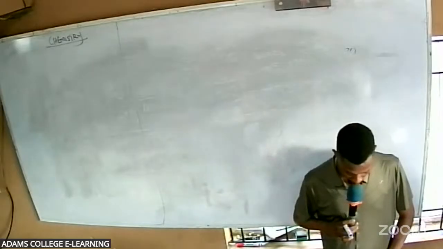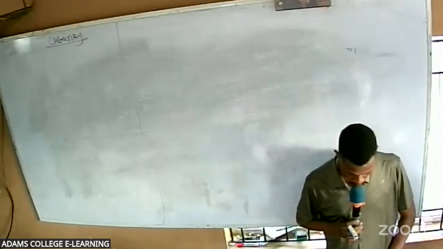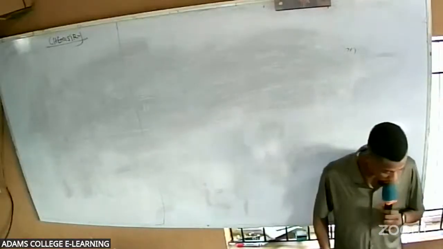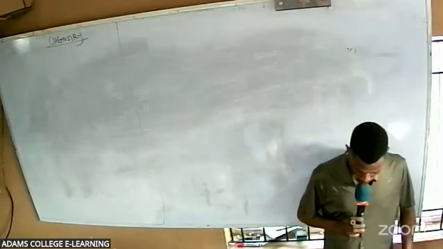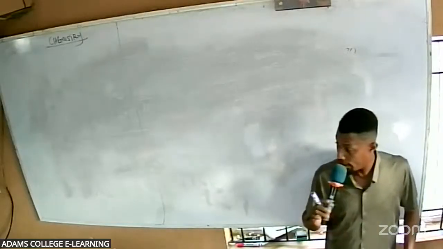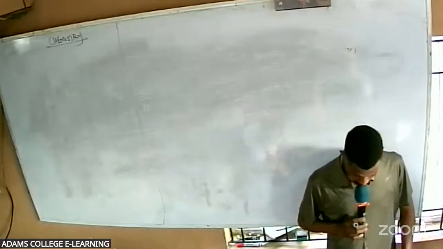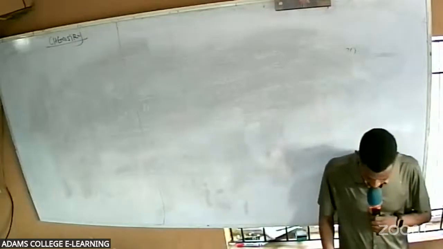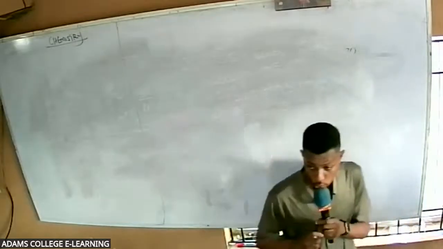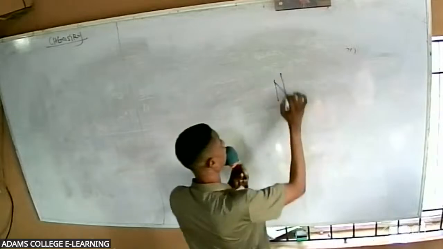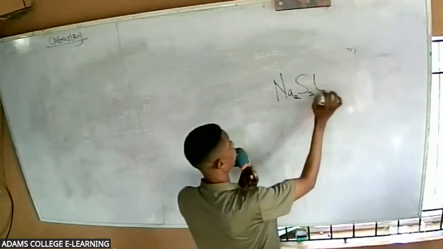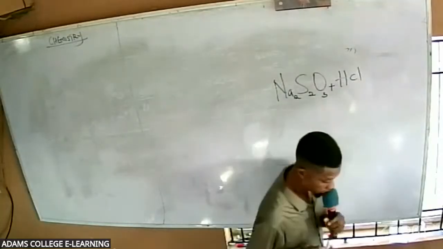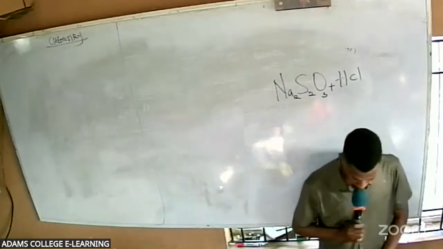In the equation below, we have Na2S2O3, not SO3, Na2S2O3 plus HCl.